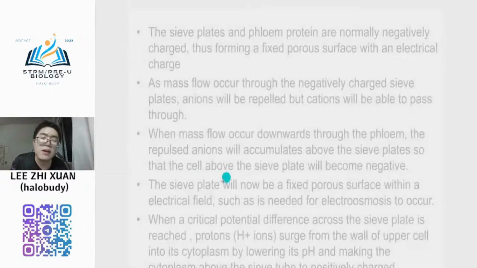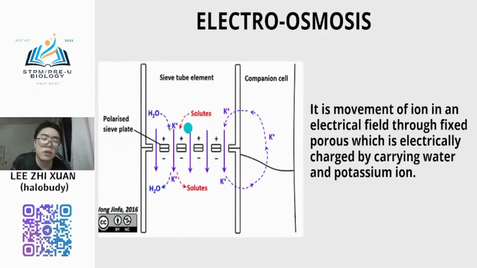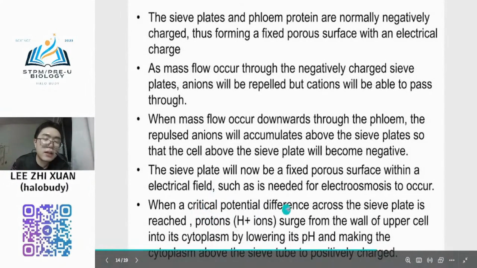Once that happens, within an electrical field, it can produce an electrical field. When the critical potential difference across the sieve plate is reached, hydrogen ions from the wall of the upper cell into the cytoplasm will lower the pH, making the area above the sieve tube element positively charged.